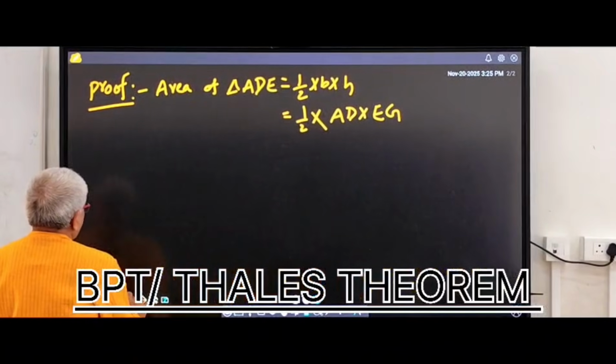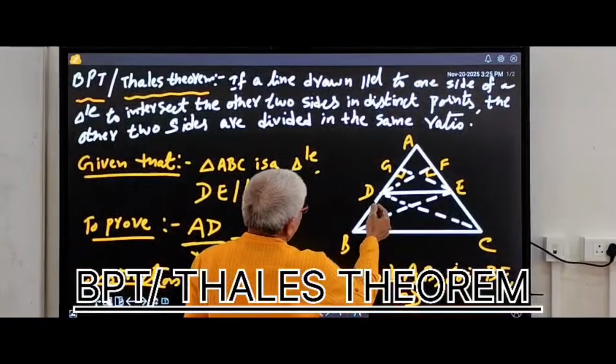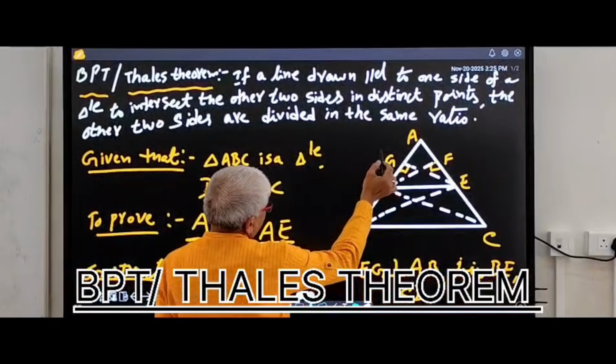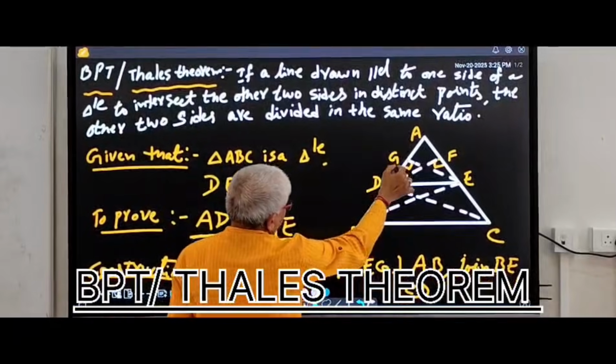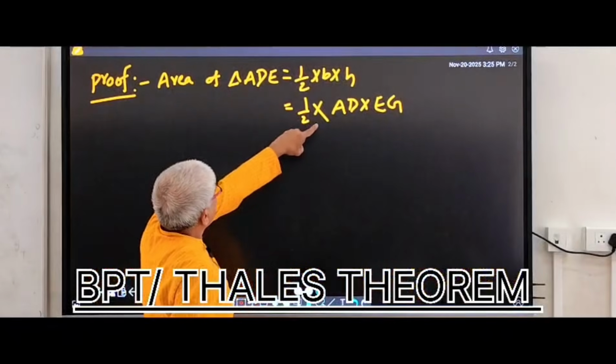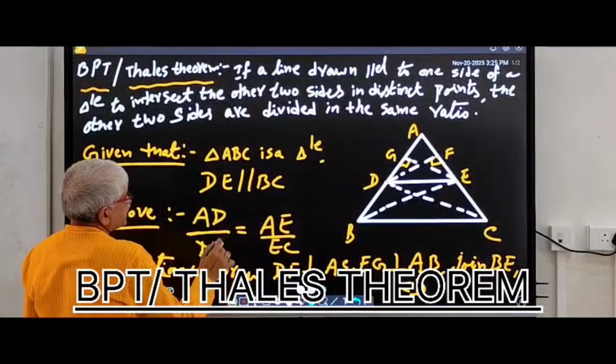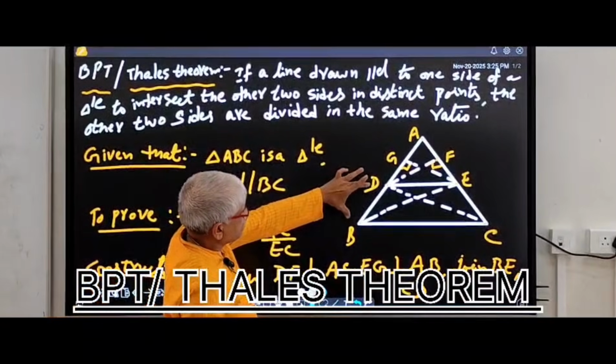Clear? Now, let me go back again. I will try to take area of triangle ADE. In this, I already got AD. So what you have to prove? AD by DB. That means you should have DB.